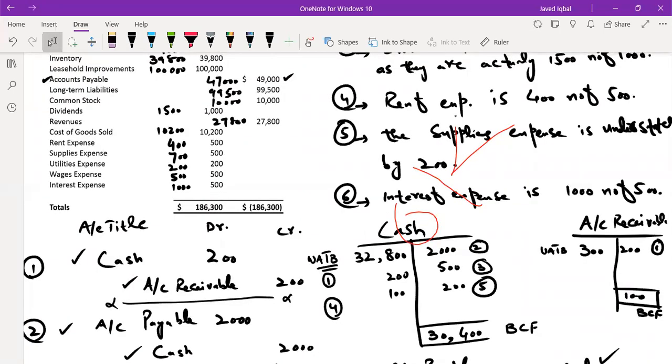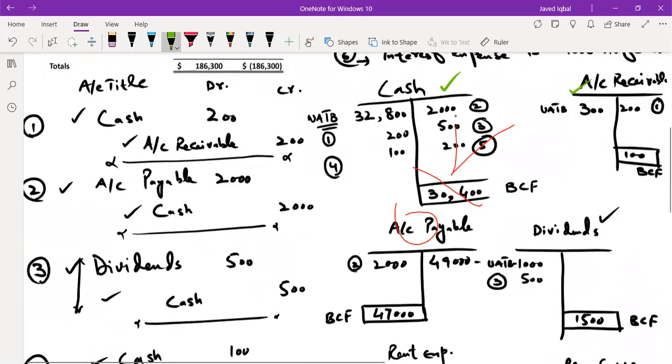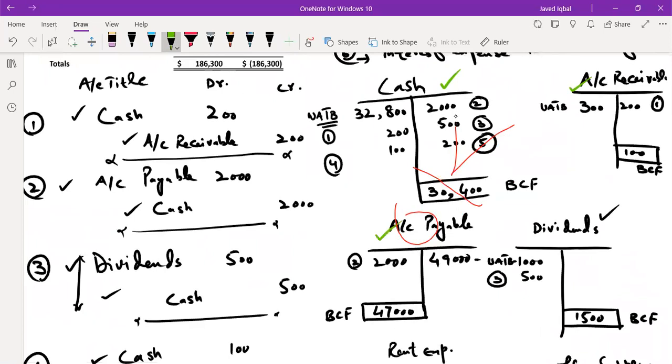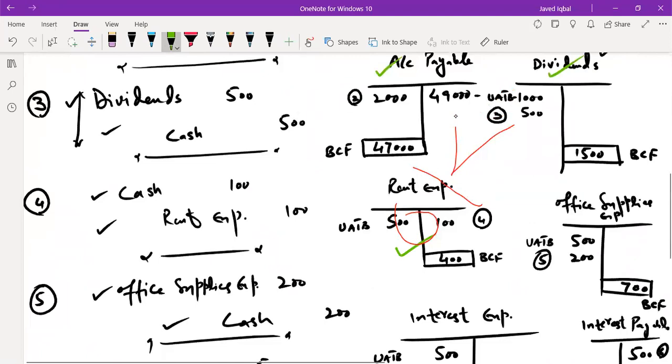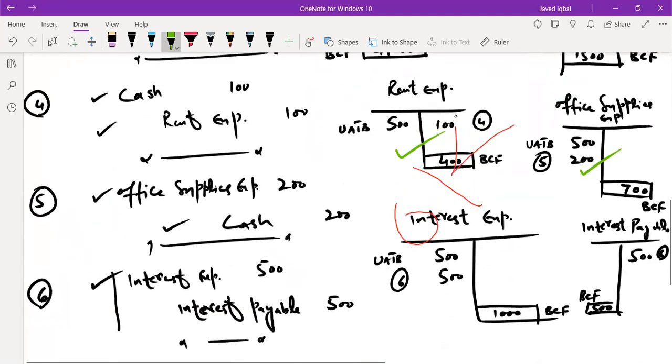So have we accounted for all the heads, all the changes? Now I'll be changing color. Cash we have done, accounts receivable is done, accounts payable is done, dividends 1500 done, rent expense done, office supplies done, interest expense done, but we haven't done interest payable.